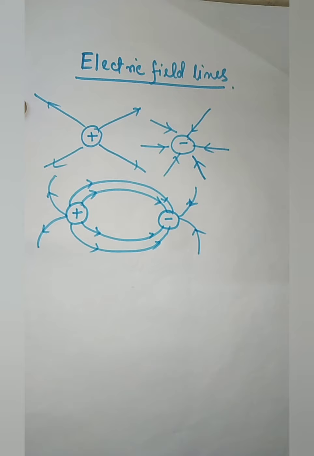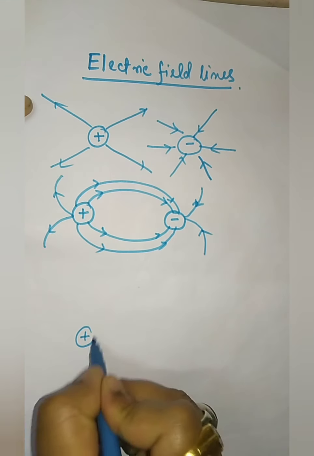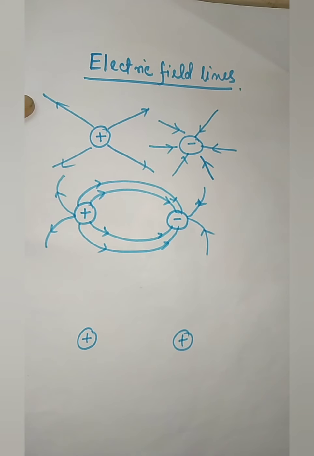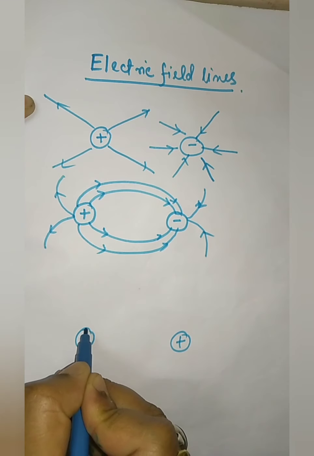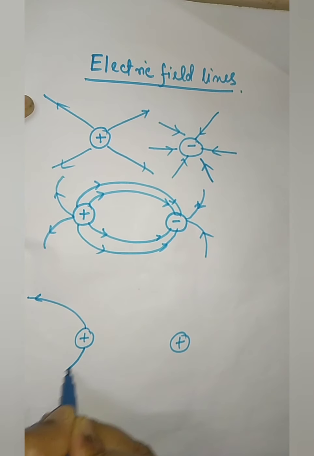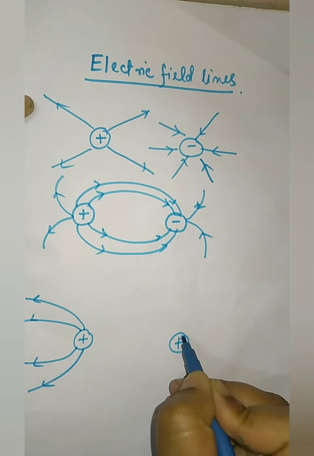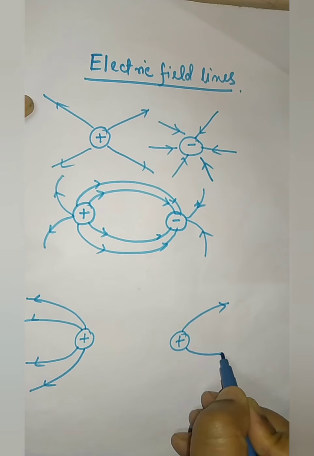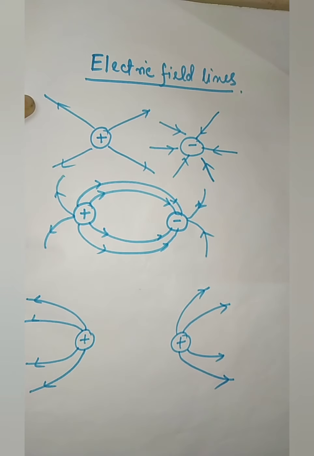So this will be the representation of electric field lines. Now similarly, if you have two positive charges, now understand positive से start होता है, so what you will do, you will assume that the other negative charge is on this side. So positive से शुरू हुआ, negative की तरफ जा रहा है. इस तरफ भी पकड़ लो, एक नेगेटिव चार्ज है, सोच लो, तो ये पॉजिटिव से शुरू हुआ, नेगेटिव की तरफ जा रहा है.